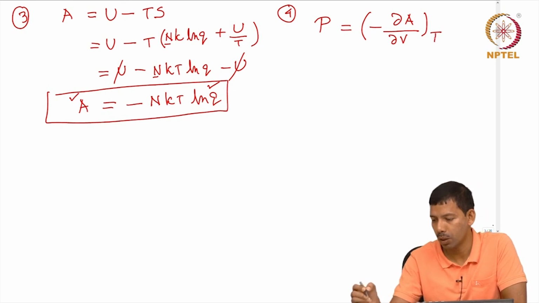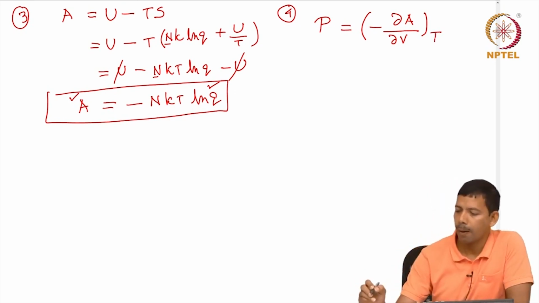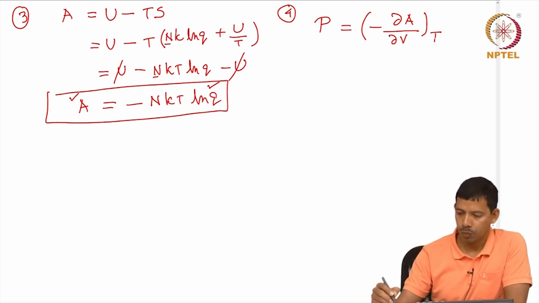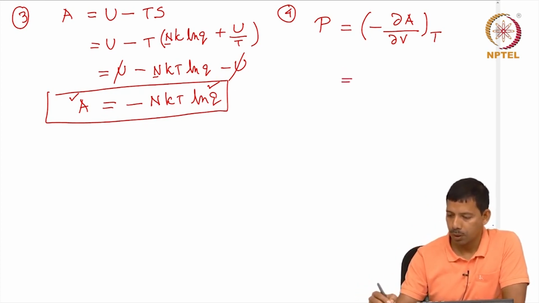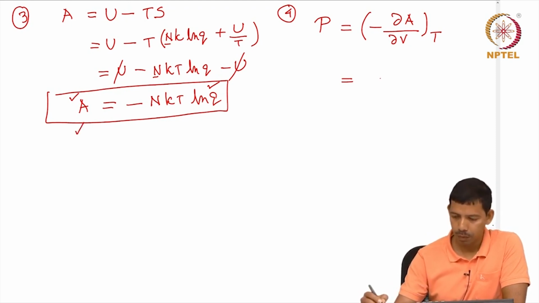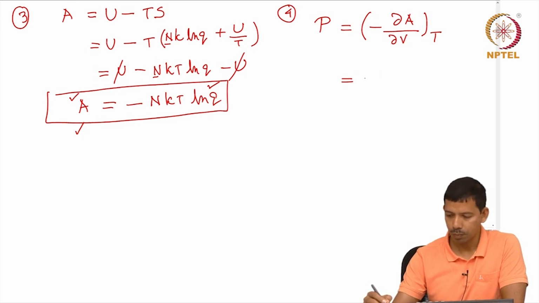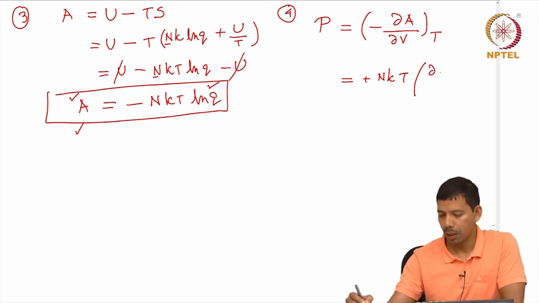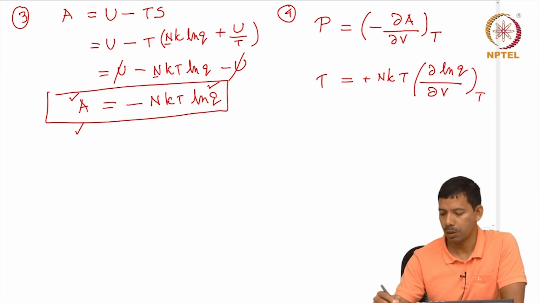I am sure you have seen this relation in your thermodynamics part. Since we already have A from here, we can put it there, and we get P equal to plus NkT del ln Q by del V at constant temperature. This is the expression for P in terms of partition function Q.